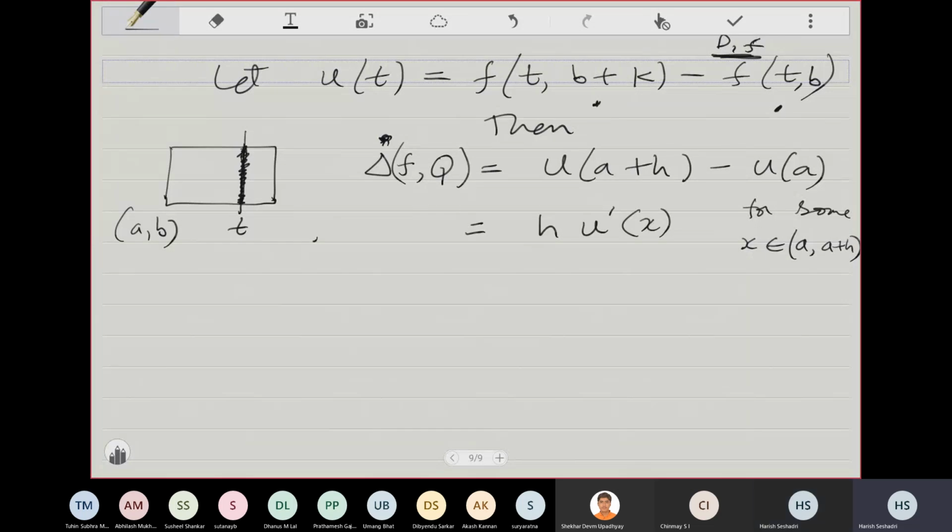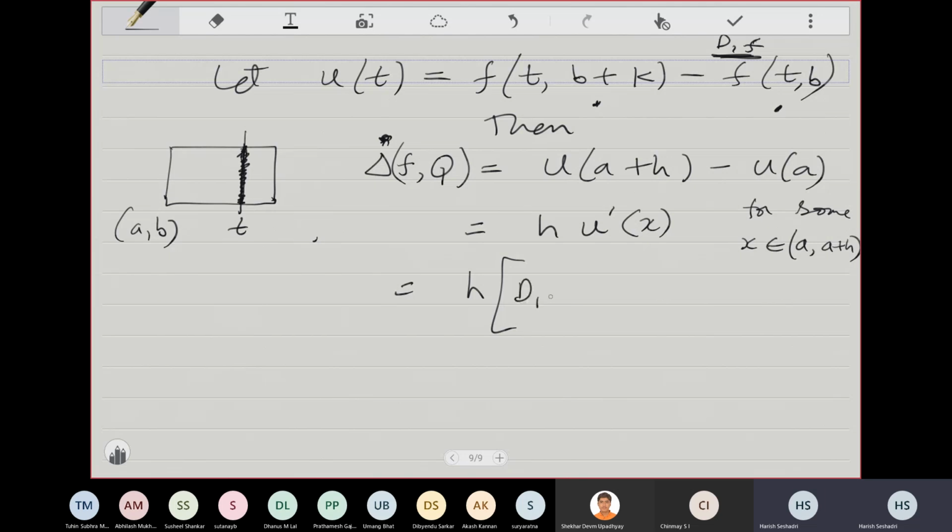So this is h times, and in fact, whatever I said here, these two are differentiable. Not only are they differentiable, their derivatives are by definition d1f evaluated at different points.